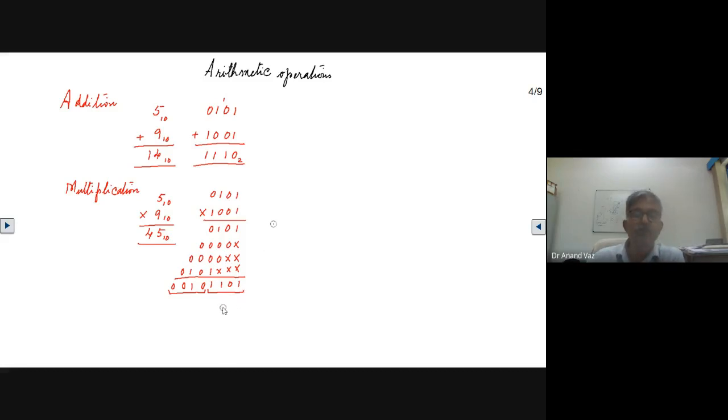If you perform the weightages, you can see 1, 2, 4, 8, 16, 32. Okay, so 32 plus 8 is 40, 40 plus 4 is 44, 44 plus 1 is 45.